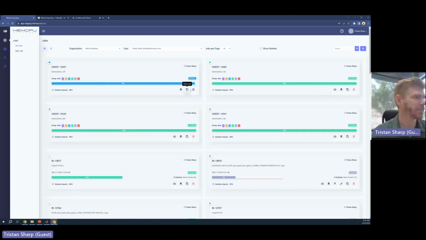Okay, good job. Now it's uploading the files to the central database so I can download them.